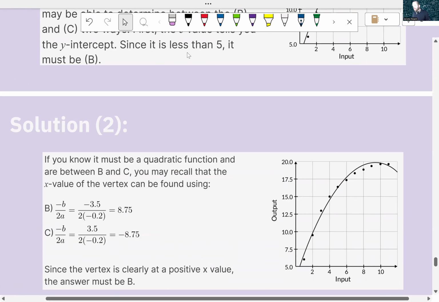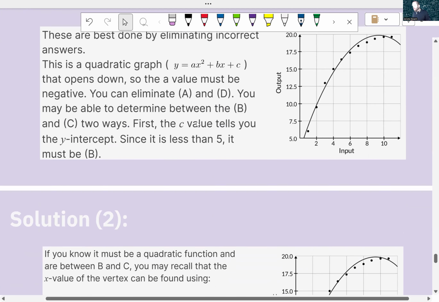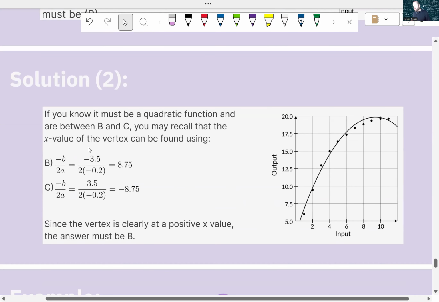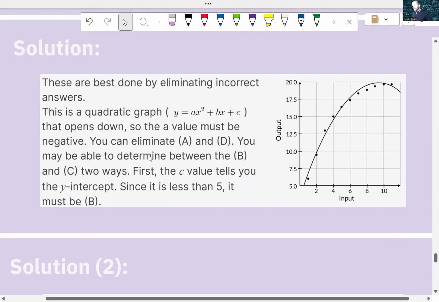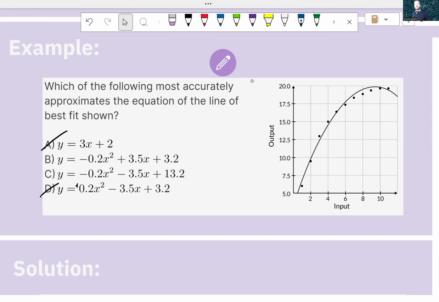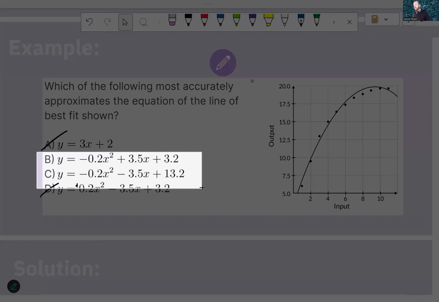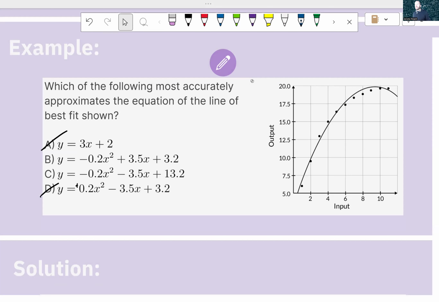It says since it's less than 5, it must be B. I would rather we talk about this solution instead. So if you know it has to be quadratic and you're choosing between B and C, let me copy these really quickly to the next slide so we can examine these as we look at the answer options.